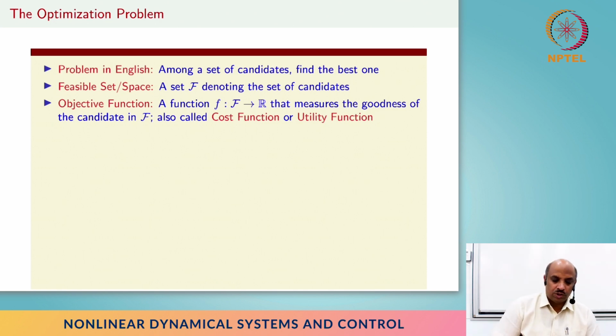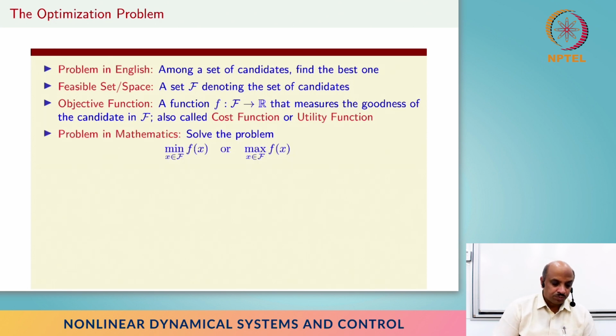So the objective function essentially is like the utility function that I was talking about. It measures the goodness of the candidate in F, and people call it also a cost function or a utility function. Sometimes we may minimize the cost function, sometimes we may maximize the utility function, right? Depending on the terminology, but in reality, mathematically, none of those things make a difference, and we call that an objective function in a general perspective.